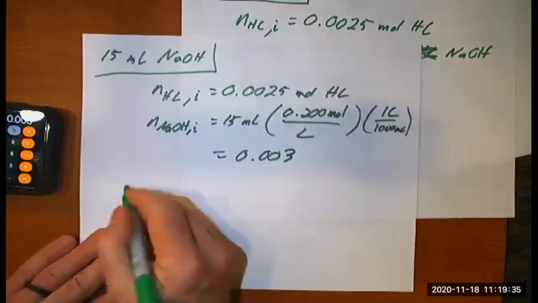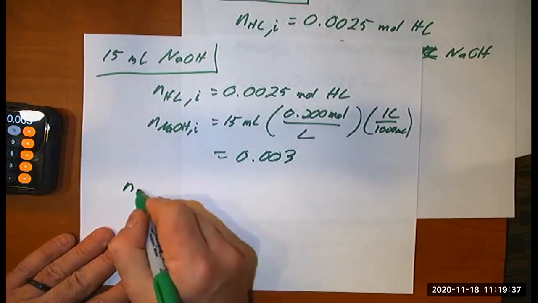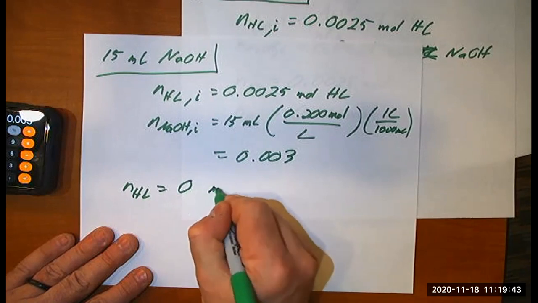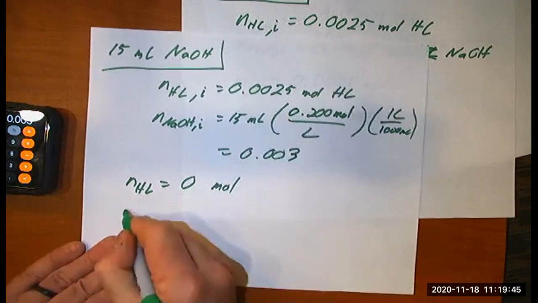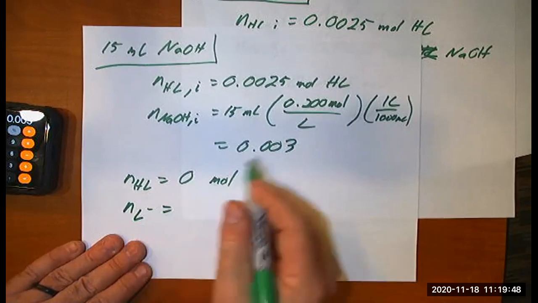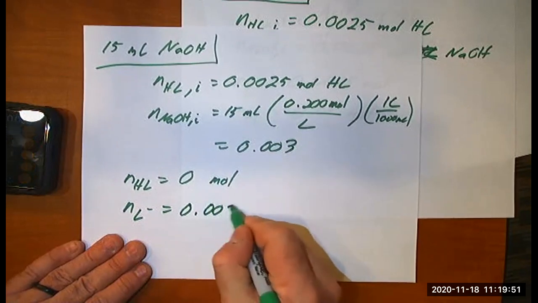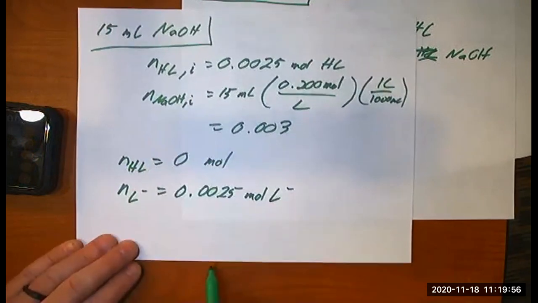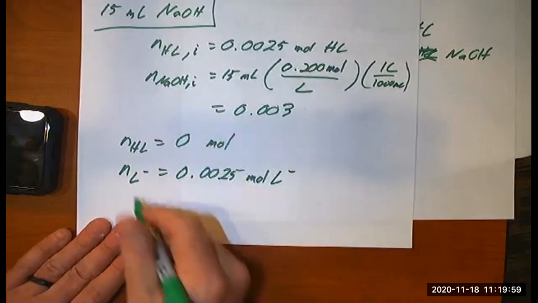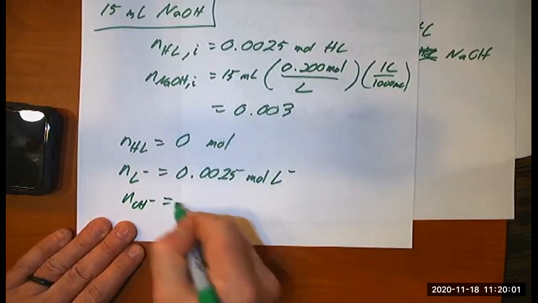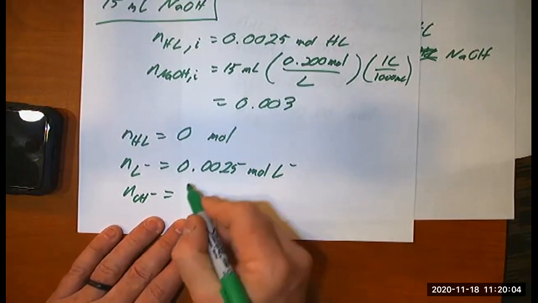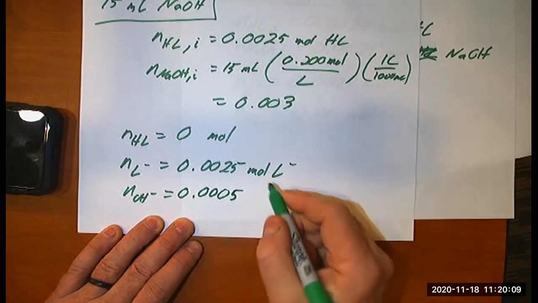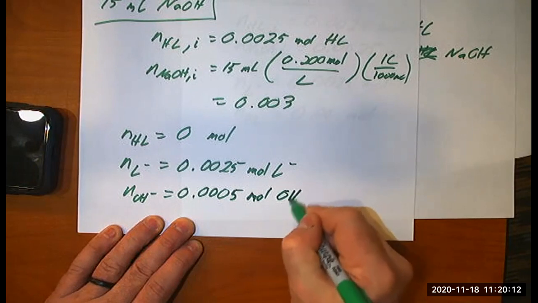And so our number of moles of HL at the end is going to be 0, because we have more sodium hydroxide than HL. Our number of moles of L minus is going to be 0.0025 moles, because all of the HL has been converted into L minus. And there is now some hydroxide that has not fully reacted away. So the excess hydroxide is going to be 0.0005 moles hydroxide.